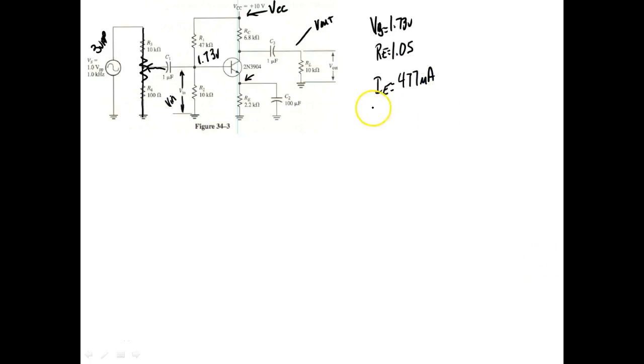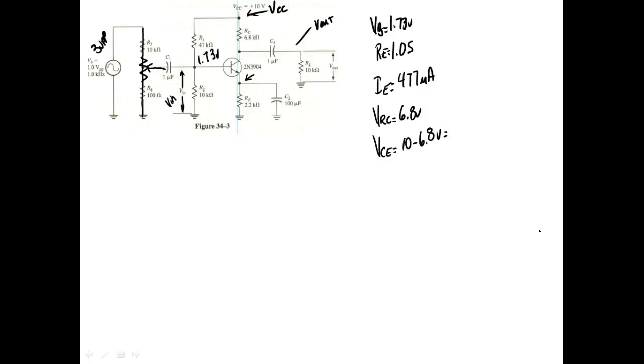And then we calculated VRC. We have to calculate VRC to get VC. We calculated VRC to be what? 6.8 volts. So voltage collector to emitter would be equal to 10 volts minus 6.8 volts. So what should that give me?